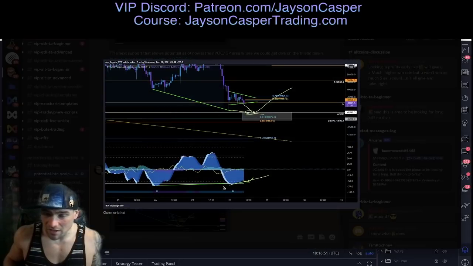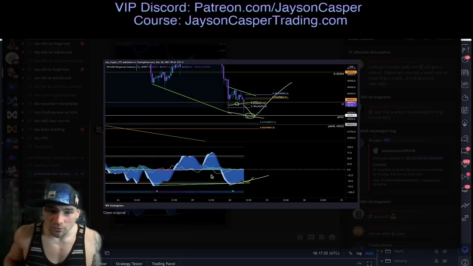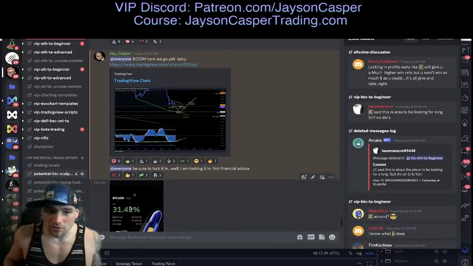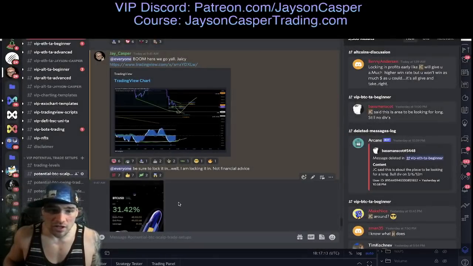We saw we could get uneven butt cheeks on the 1 hour time frame as we come down into this very key box of support. There's a naked point of control. There's an old value area low, and we have the golden pocket right here. We come down, look at this, guys. We literally wick down exactly to the level and get a very nice bounce for a quick scalp. You can do it for scalping like this, and you can do it for swing trading.